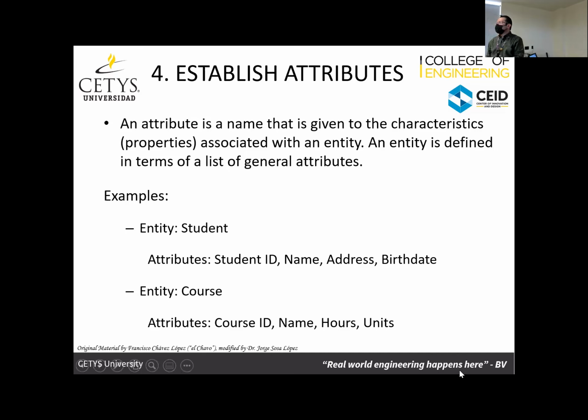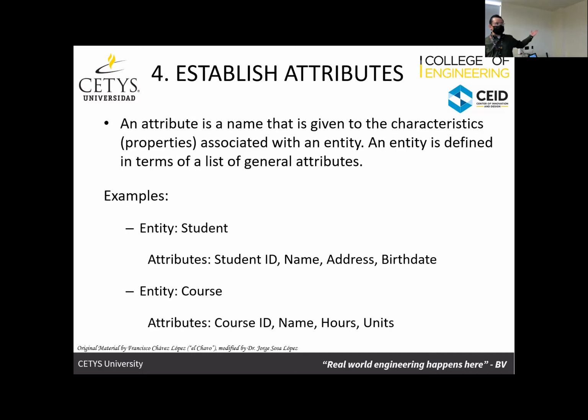For example, here in the database at CETIS, we store the information of you as a student, but we also store the information of your parents. So your parents can be an entity as well.